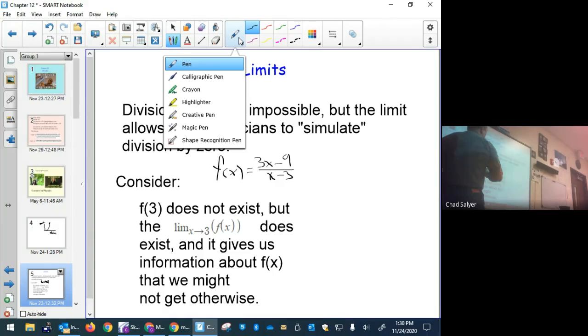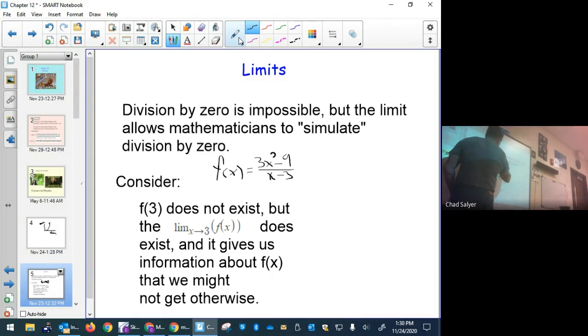So when I say that, this actually isn't the best example in the world. Let's do, yeah, I like that one better. So if I have a curve and I have a hole in that curve, in other words, a spot of discontinuity like this, where the function approaches the same value from the right and the left, but there's that empty spot where division by zero occurs, then the limit exists.